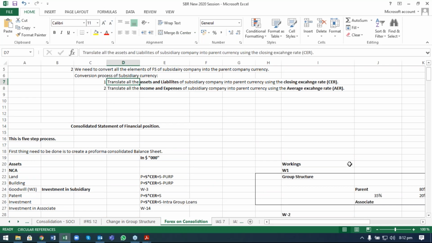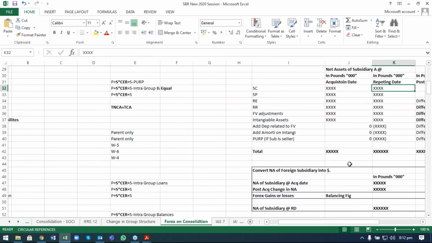Translate all assets and liabilities of the subsidiary into parent currency using the closing exchange rate or the opening exchange rate. The opening exchange rate, denoted as OER, should be used for opening assets, and all the income and expenses of the subsidiary should be accounted for using the average exchange rate.